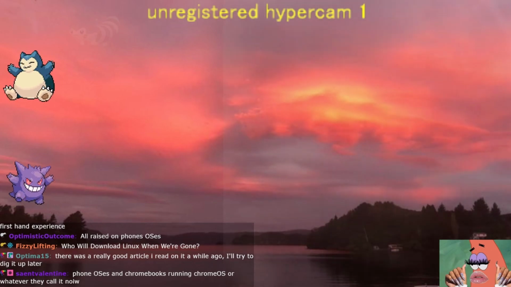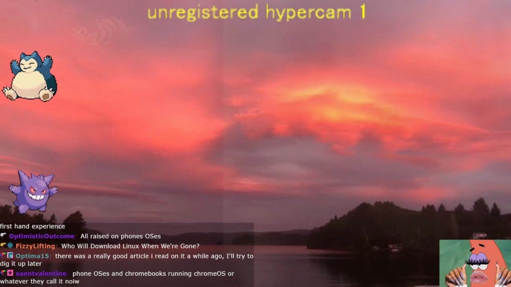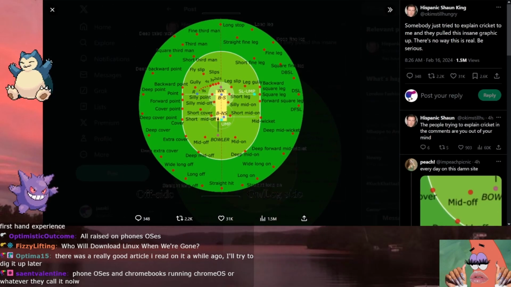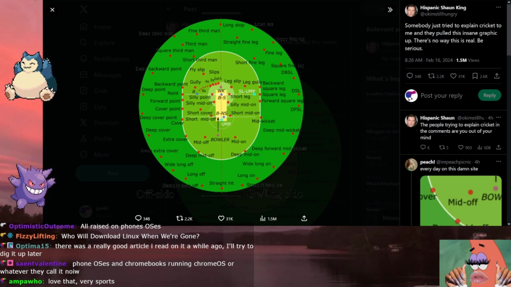It was specifically this tweet, which is just a picture of positions in cricket. What am I looking at?